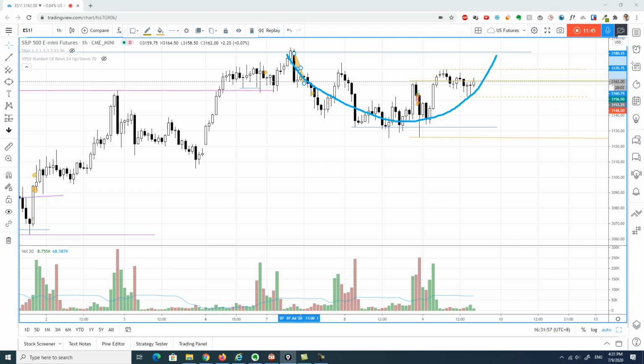And for the bias for today's day trading, I am bullish. What I'm looking for is a test of the key support levels to go long. You can see that I have marked up the non-RTH low here, somewhere around 3156, and the high is somewhere around 3170.